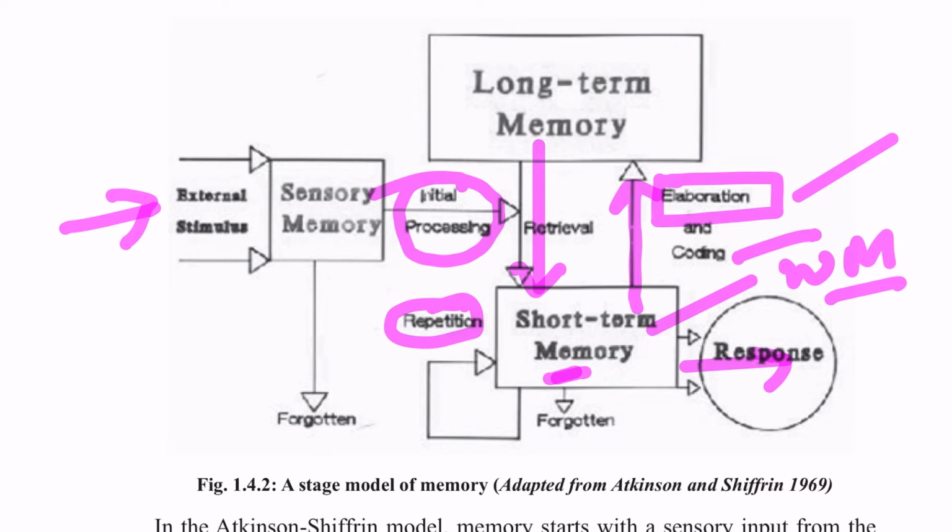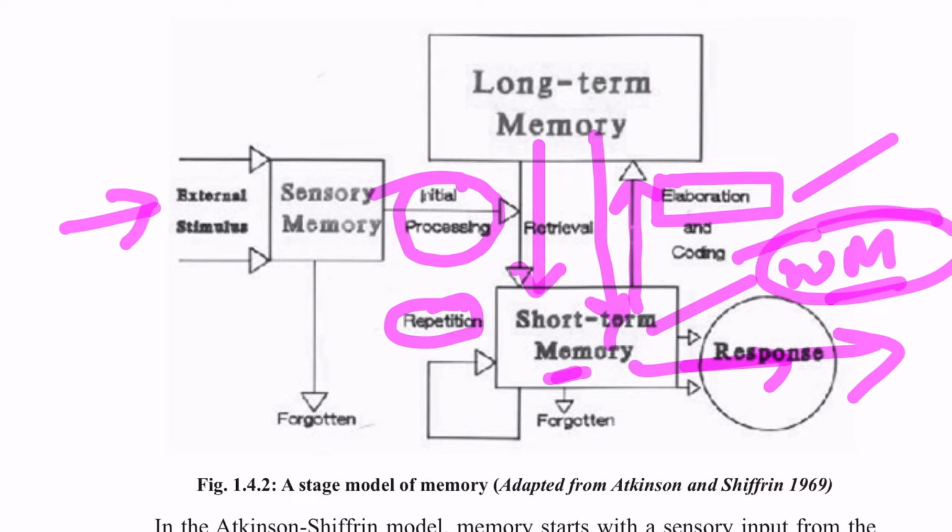When required, that information comes into short term memory and you give that response. That is why we call it working memory, where we manipulate information when required. This is the basic model of Atkinson and Shiffrin.